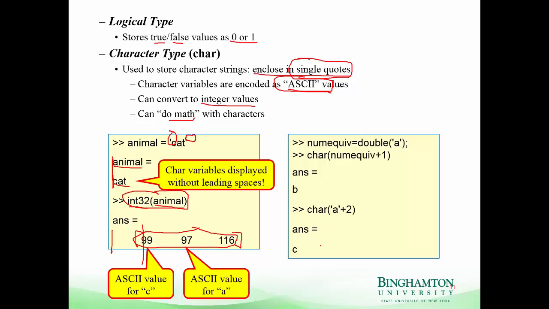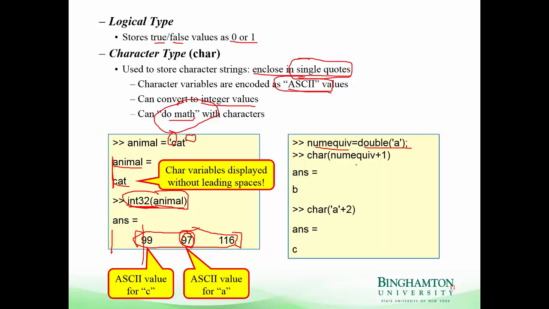All right, let's look at this issue of doing math with characters. One thing I can do is convert the character a, or any other character string for that matter, into a double precision variable. We've already seen that a has ASCII value 97. Since I used int32, this was being stored as a 32-bit integer. Here, I'd still be storing the number 97, but in double format.